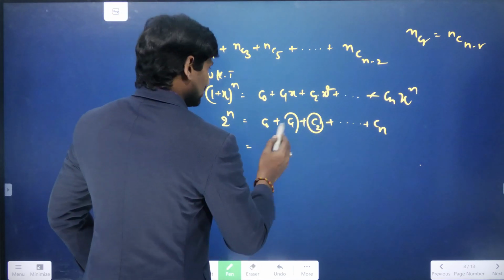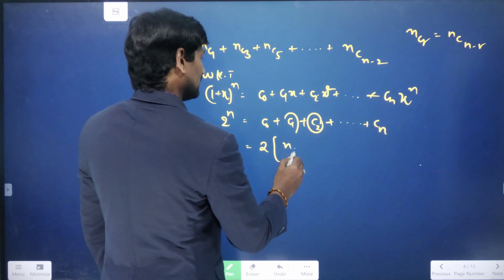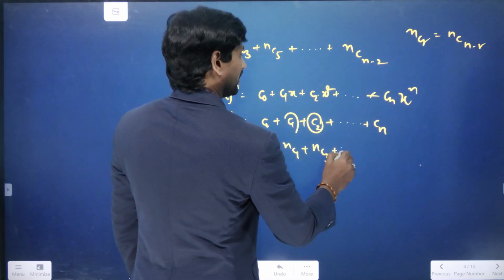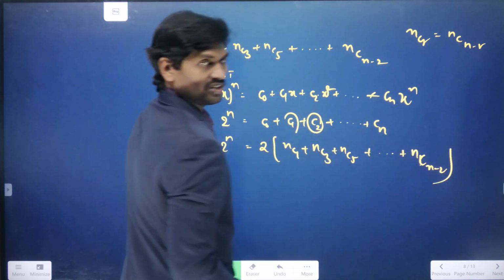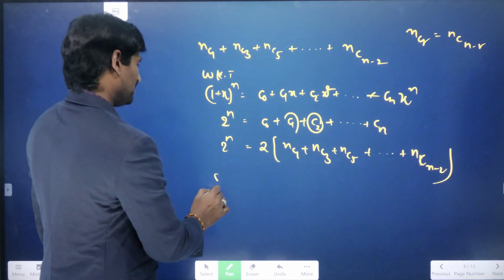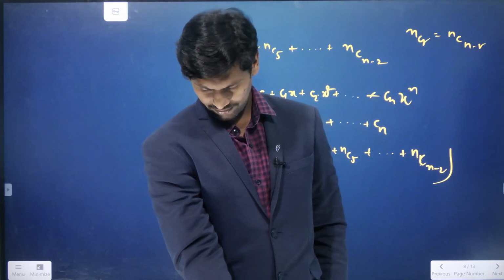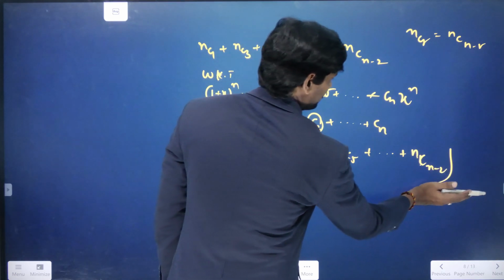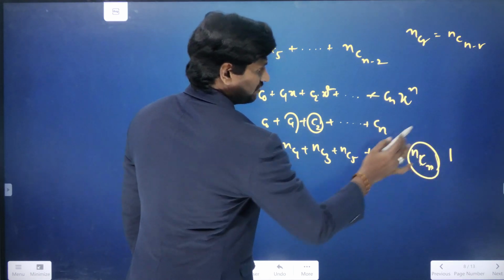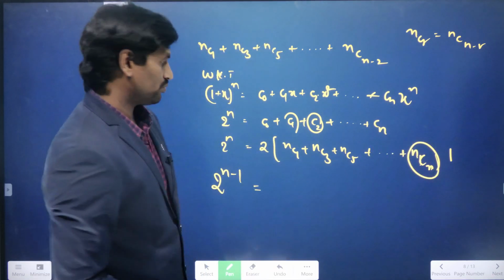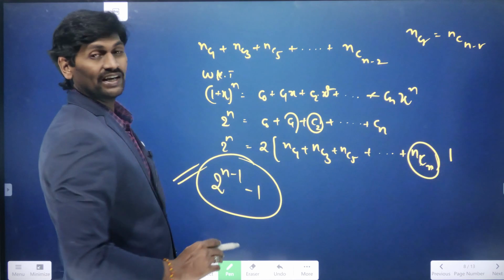So from this, all positives and negatives we can consider as 2 times nC1 plus nC3 plus nC5 plus and so on plus nC n minus 2. Now this 2 is multiplying, when you transpose it, it will be 2 power n minus 1. Now the last nCn, or nC0, values are equal to 1. So if you transpose that, it will be minus 1. So the answer is 2 power n minus 1 minus 1.